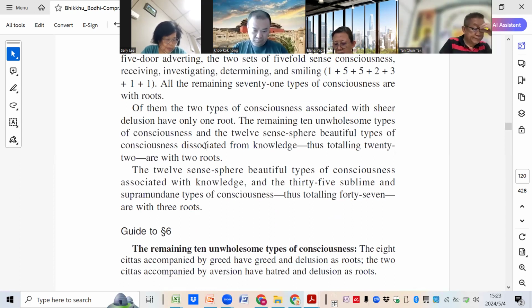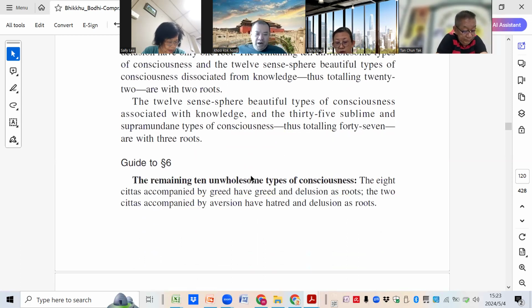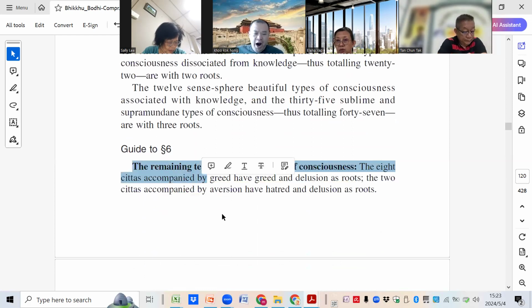The remaining 10 unwholesome types of consciousness and the 12 sense sphere beautiful types of consciousness dissociated from knowledge, thus totaling 22, are with two roots. The 12 sense sphere beautiful types of consciousness associated with knowledge and the 35 sublime and supramundane types of consciousness, thus totaling 47, are with three roots.